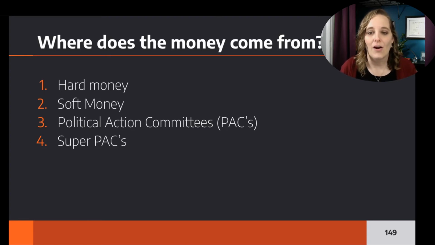Super PACs are a PAC, a political action committee, whose primary purpose is to influence elections. Super PACs can take and spend unlimited amounts of money, and they are independent and not coordinated with the candidate, or at least so they say. Super PACs are able to spend unlimited amounts of money. That is how we have gotten to the point where we are spending billions of dollars on each campaign.